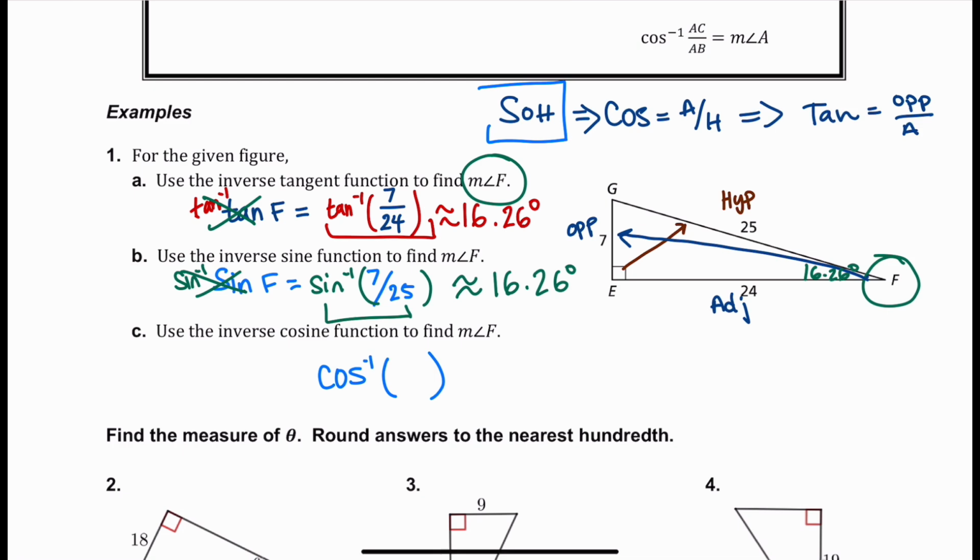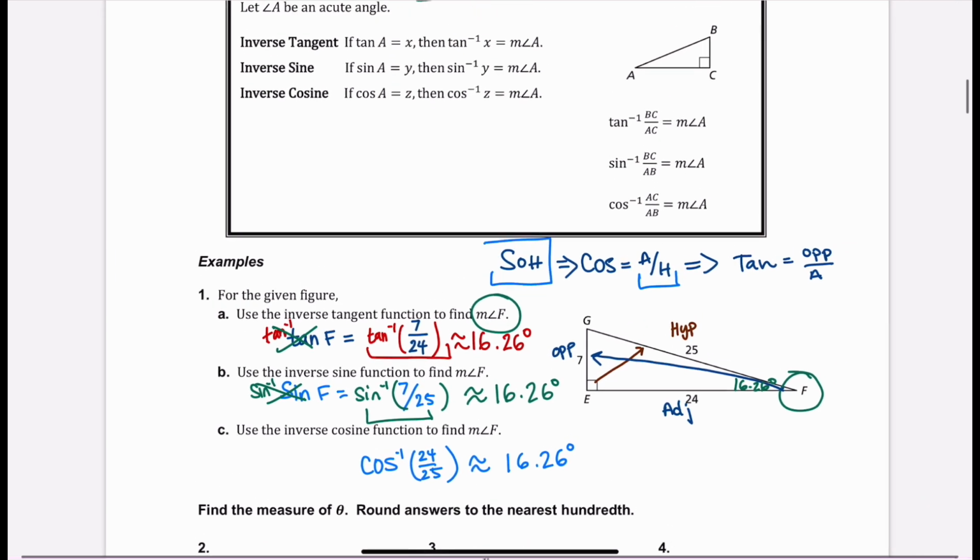Cosine is adjacent over hypotenuse, and I want to put it inside the cosine parentheses, so 24 over 25. If I do the inverse cosine of 24 over 25, this is going to give me my angle. Put it in your calculator and you'll get 16.26 degrees. So as you can see, it doesn't matter if you use sine, cosine, or tangent. It will give you the angle that you're looking for.